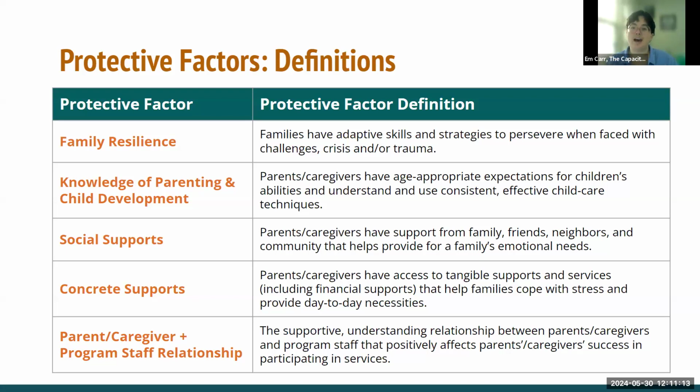So we know that all of your programs do an amazing job of helping families be healthy and strengthening these protective factors in the families that you work with. So BSK wanted a culturally responsive way to measure these protective factors and show the impact of community designed, home-based services, which is where this assessment tool comes in.